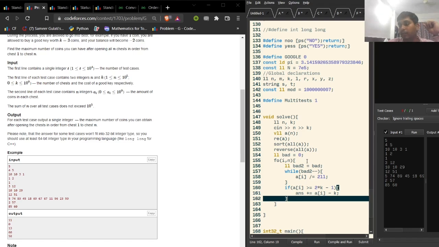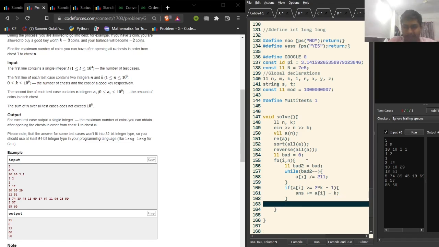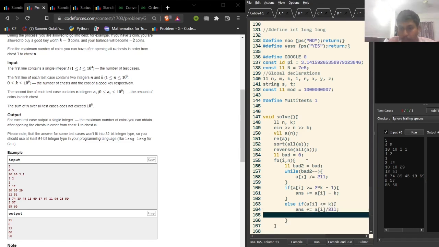It doesn't make sense. So I think if the A_i value is less than or equal to k, you should probably just use a bad key.